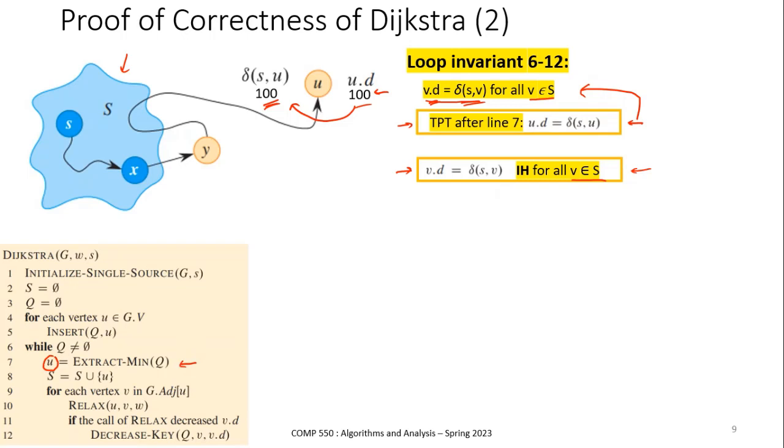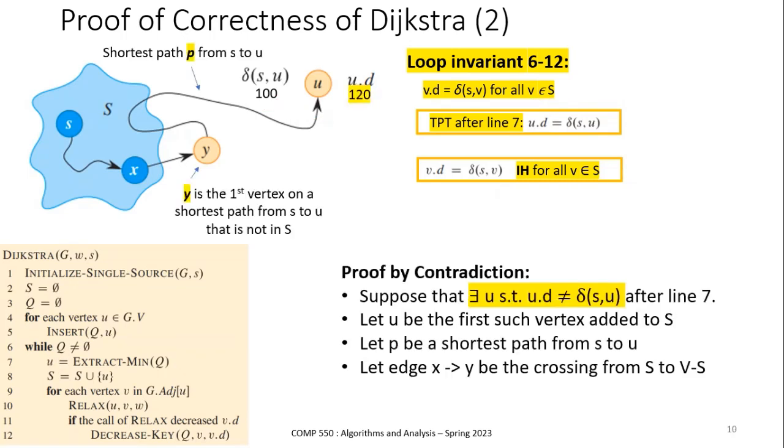In order to prove that, we're going to do a proof by contradiction. We start by making an assumption: let's assume that U is such that its estimate is not the shortest path weight. So now I've changed U to be slightly larger.